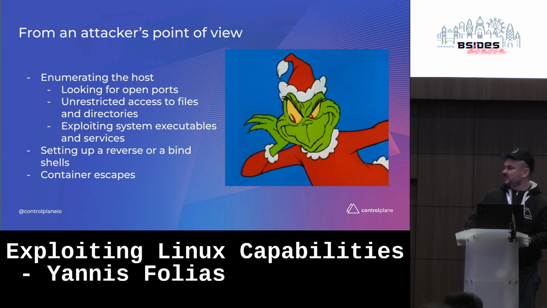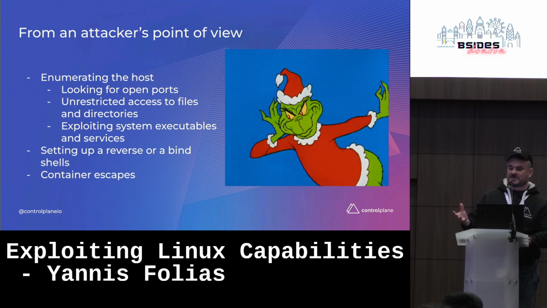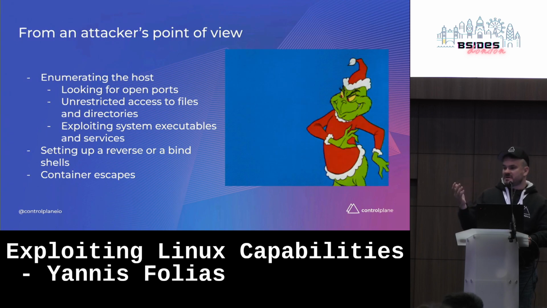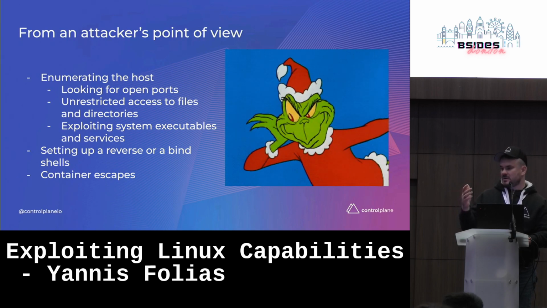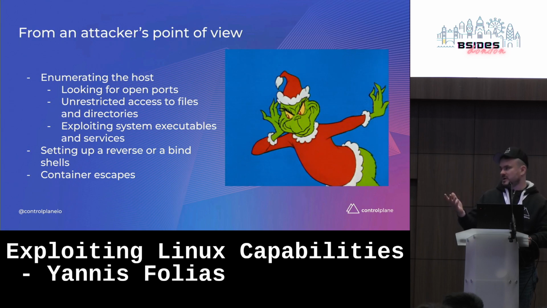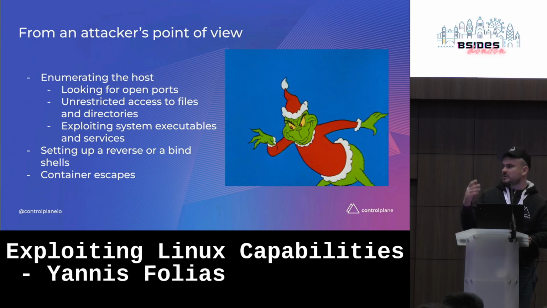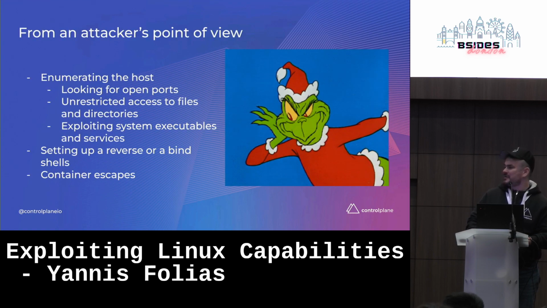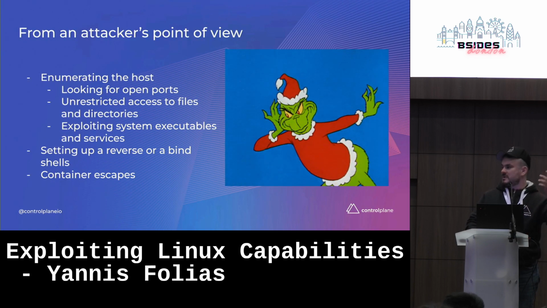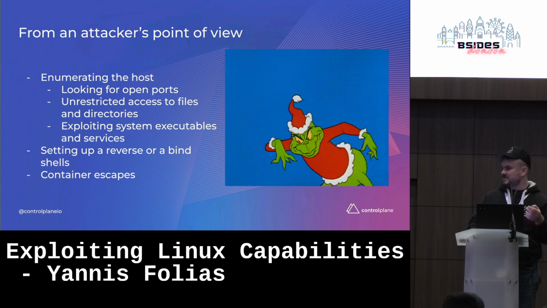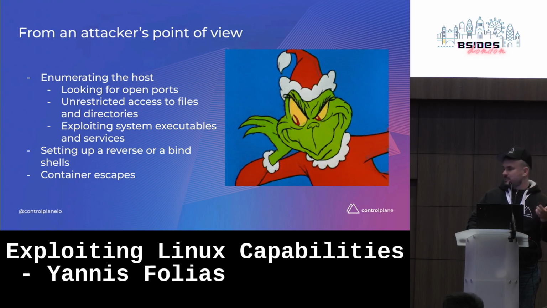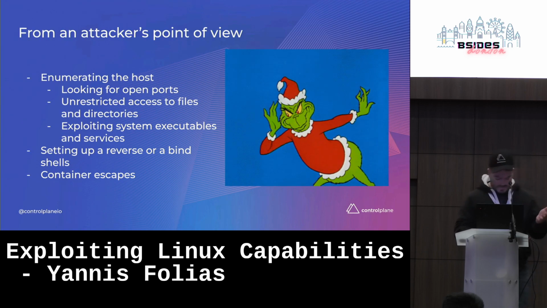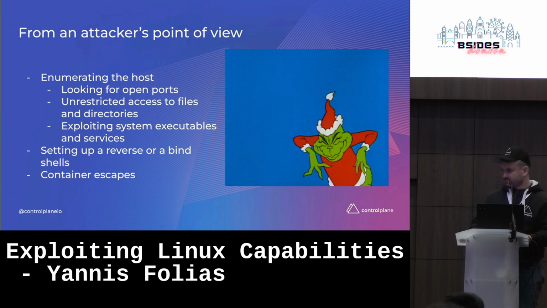From an attacker's point of view, as soon as someone gets access to a container or a Linux host, there are specific things that they would like to do. They would start enumerating the host, looking for open ports, unrestricted access to files, any way to exploit any executables or services, or maybe set up some reverse or bind shells.